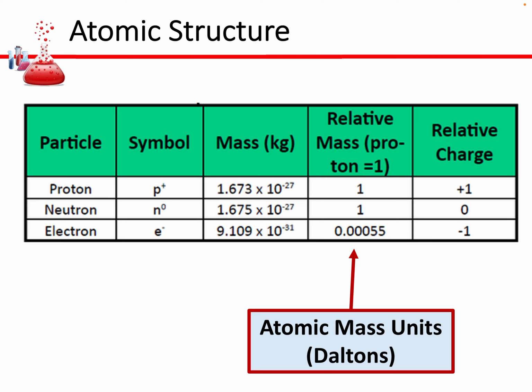So I told you that the number of protons is fixed for each element. It defines the element. But they can have different numbers of neutrons, right? And so you can have different isotopes of the same element depending on how many neutrons it has inside there. And so the atomic mass that's up here is the average of all of the isotopes that are on the Earth in their relative abundance.